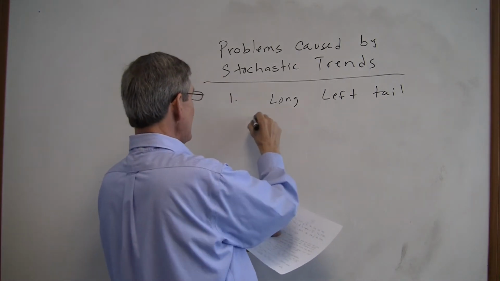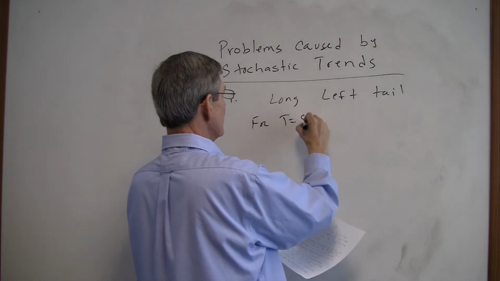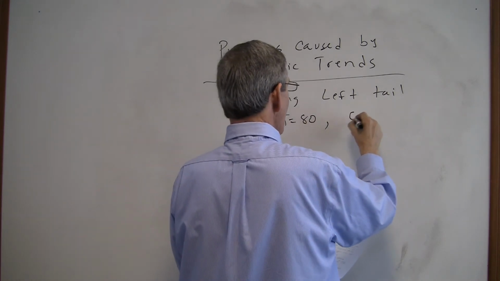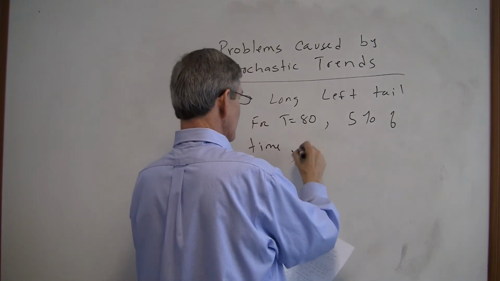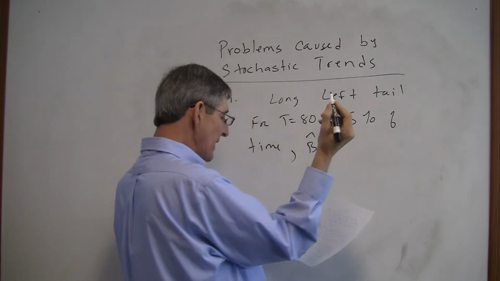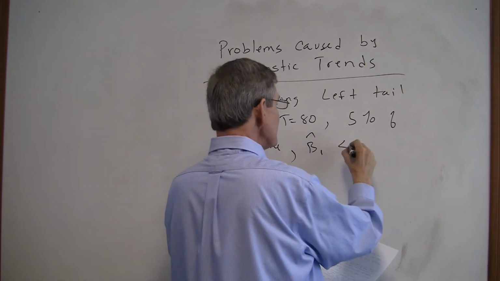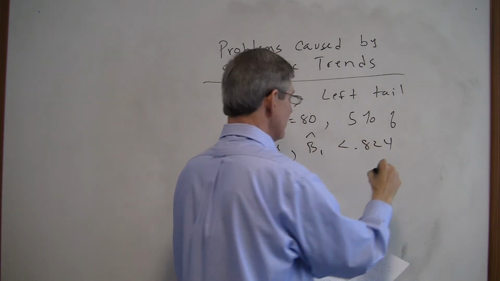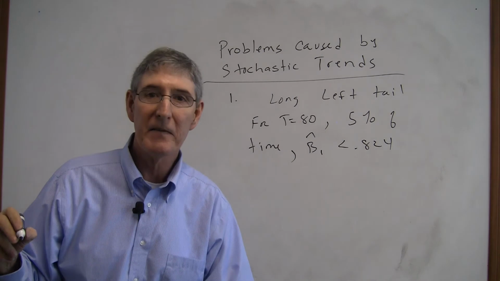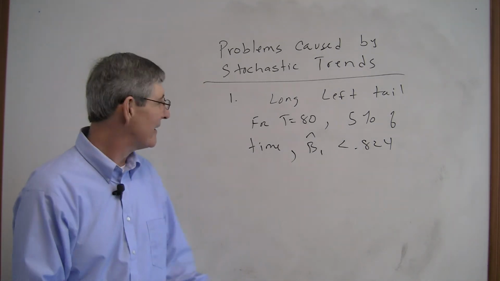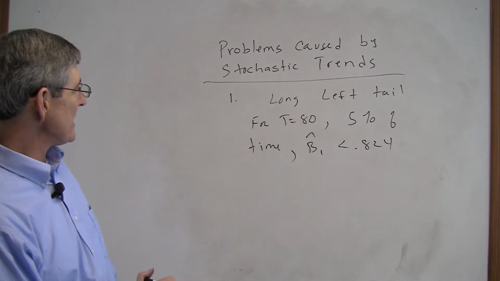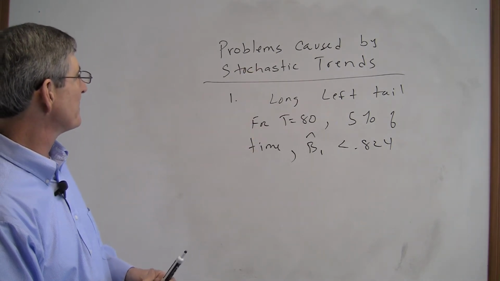So for t equals 80, 5% of the time, beta 1 hat would be less than 0.824. The authors of your textbook are probably the best time series people anywhere, and they came up with all these estimates long, long ago.